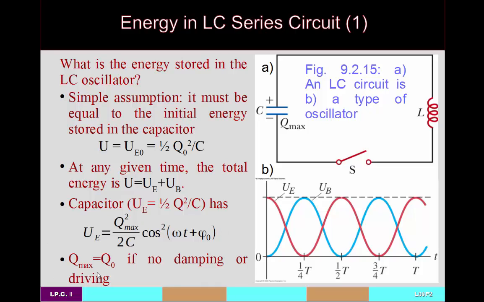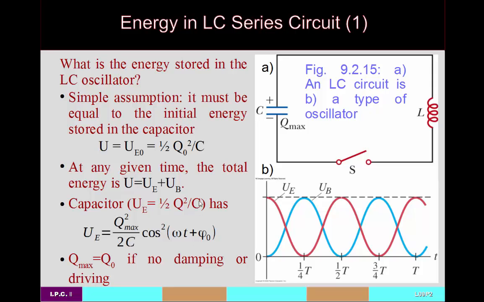Q max is Q naught if you have no damping or driving, meaning no resistance and no electrical power sources like an AC source or an additional battery, then these two should be equal.